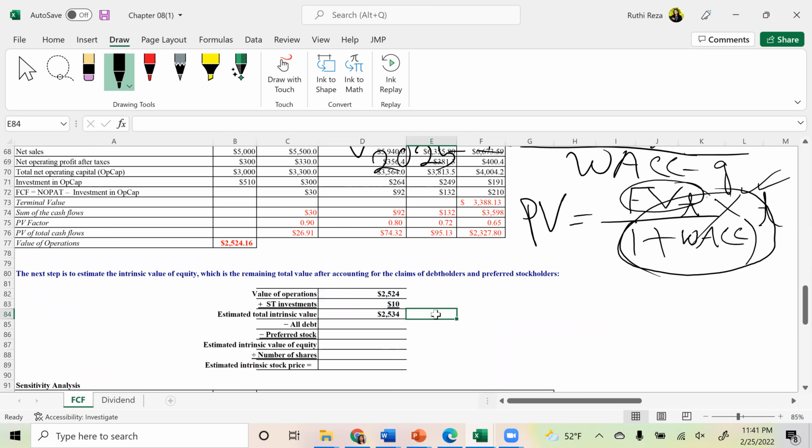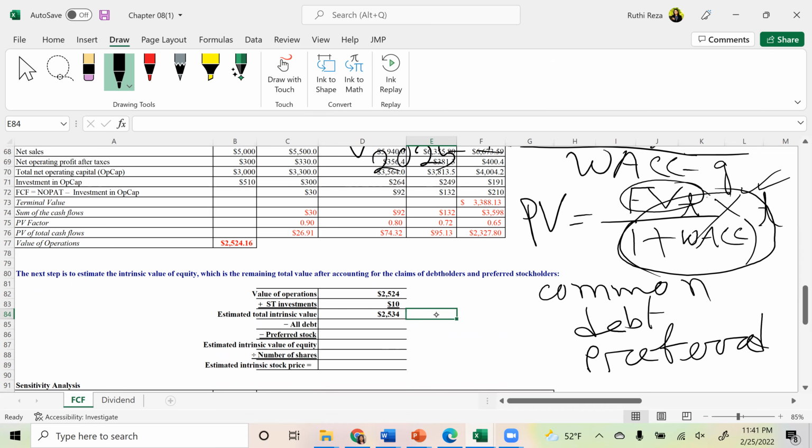Now, this total intrinsic value is applicable for three types of securities holders. One is common shareholders. Another one is debt holders. The other one is preferred shareholders. So once we remove the value of debt and preferred stock from the total intrinsic value, we are going to get the value applicable for the common shareholders.